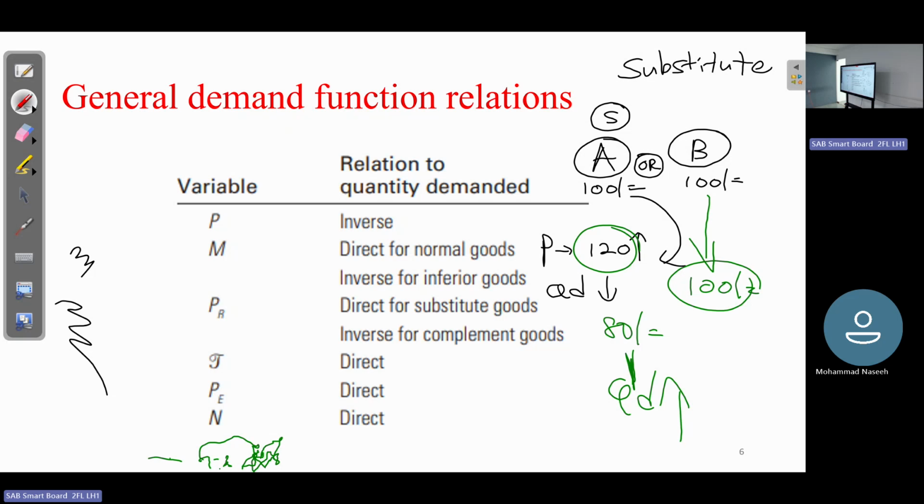Then selected product. This will result.